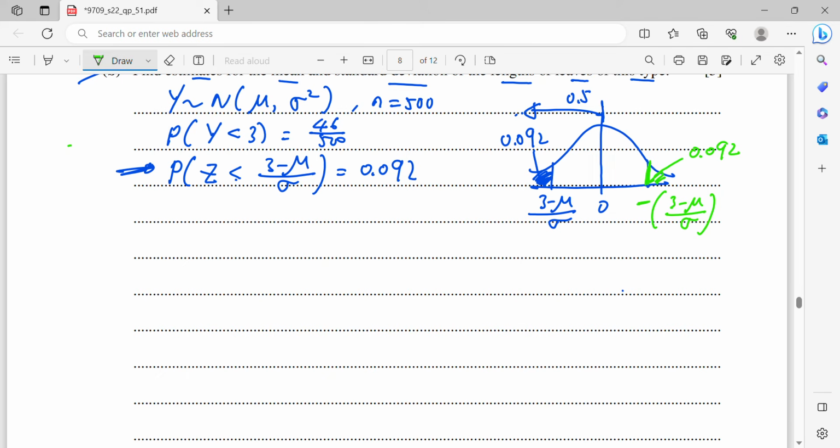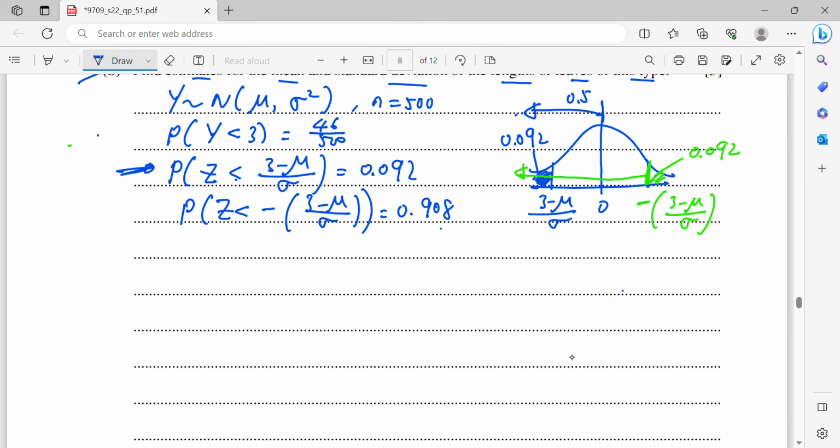Since this is normally distributed, the total probability to the left hand side will be 1 minus 0.092. So I will write P(Z less than negative 3 minus mu over sigma) is 0.908.